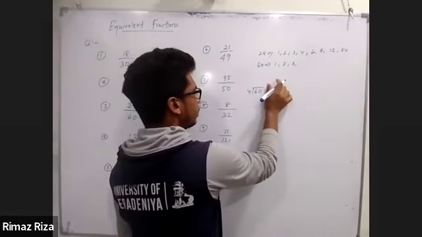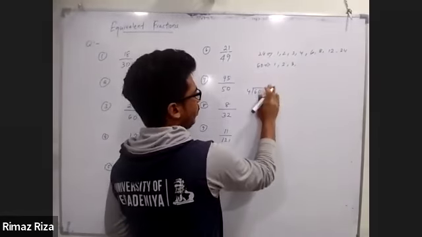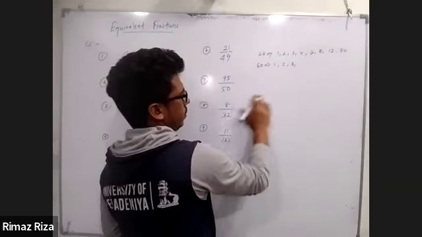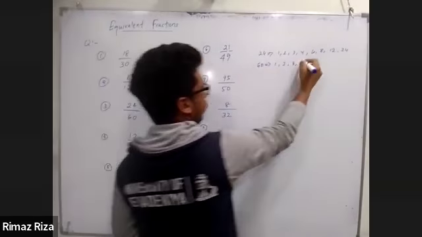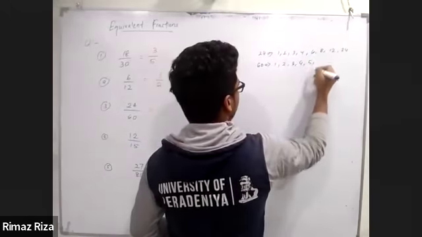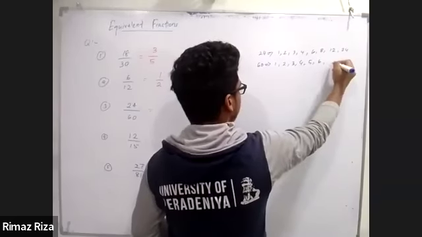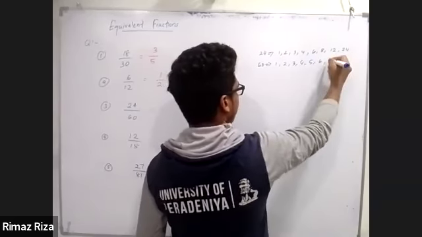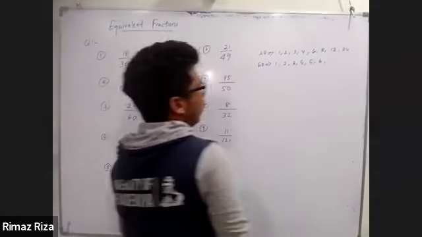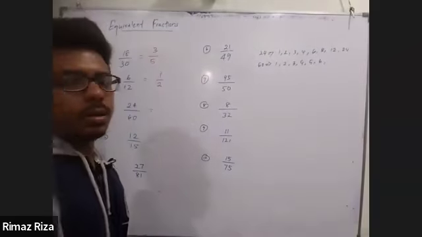In fact, 4 into 15 is 60. So 4 will come. 5 into 12, 6 into 10, 7 is not there. 8, no. 9, is it a multiple of 9?